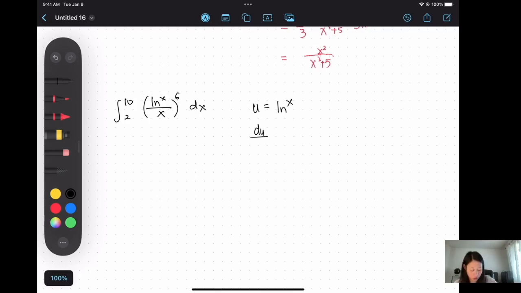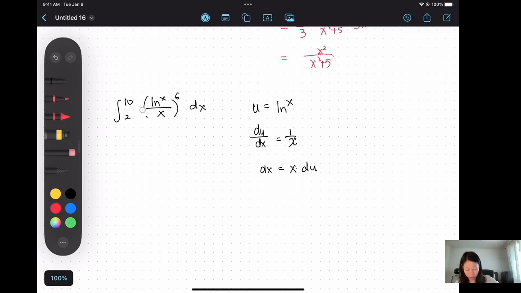So if I take the derivative of u, I will have 1 over x. So that means when I solve, my dx equals x times du.